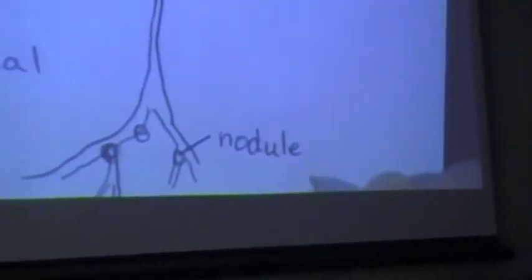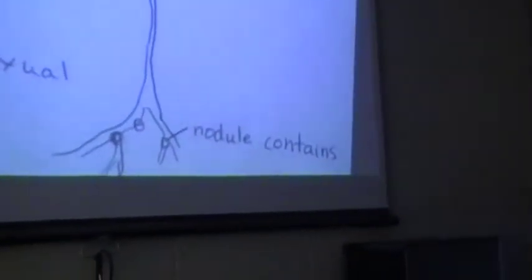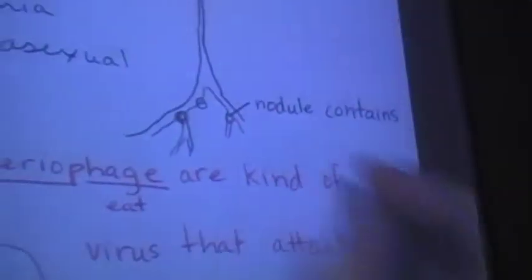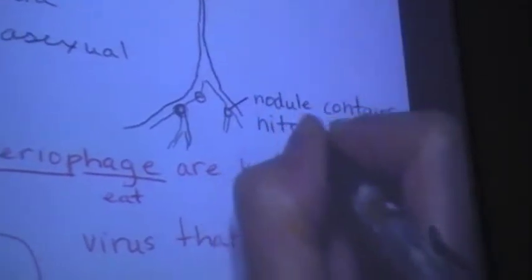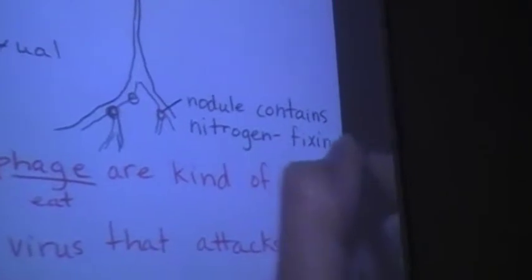And these little knots or nodules actually are filled with what are called nitrogen fixing bacteria.